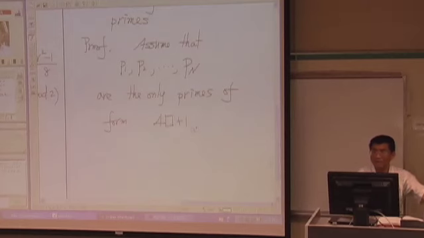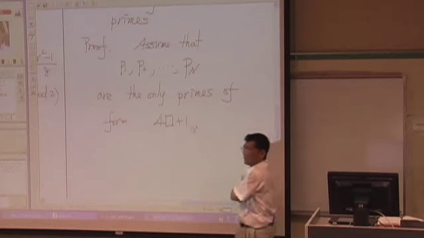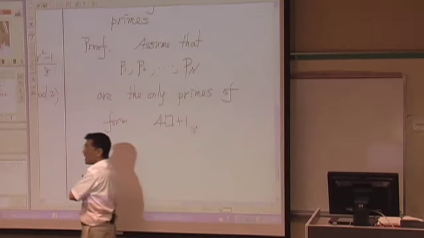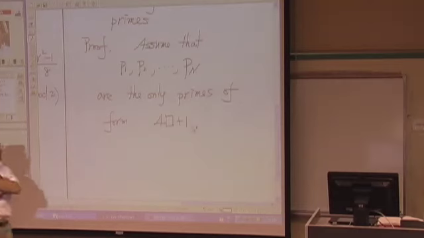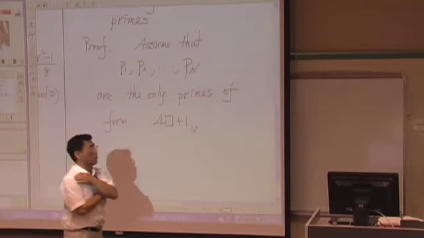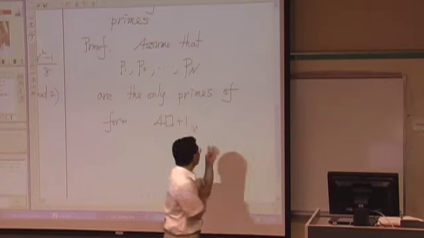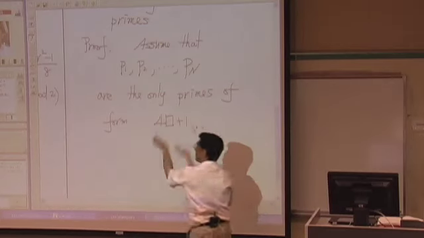So we will assume that this is it. We don't have any more prime numbers of this pattern than just P1 through Pn. N could be very large. Assume that N could be 1 trillion. It doesn't matter. No matter what N is, we have only finitely many numbers.